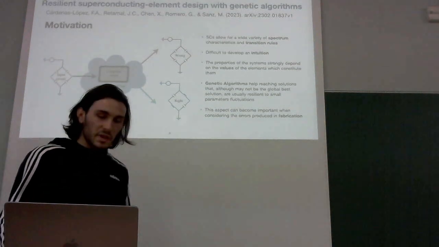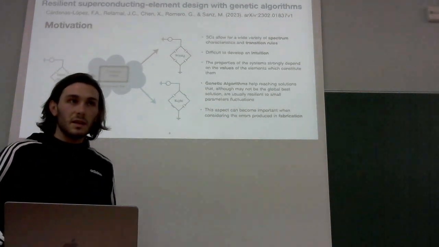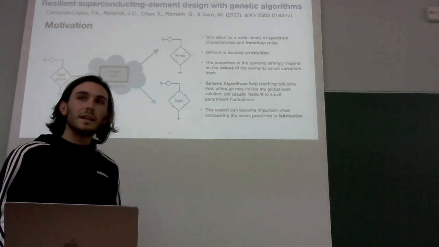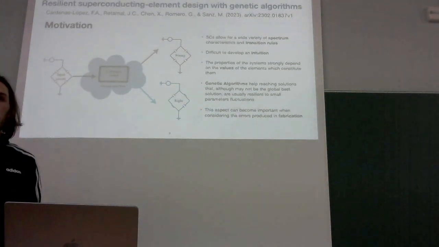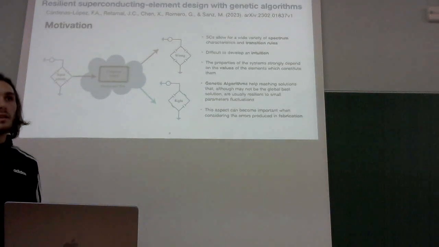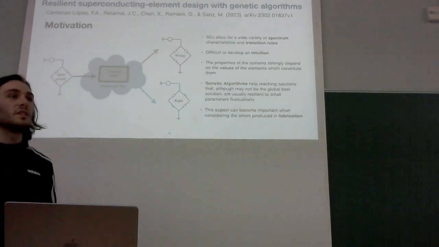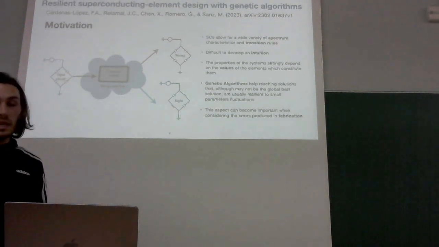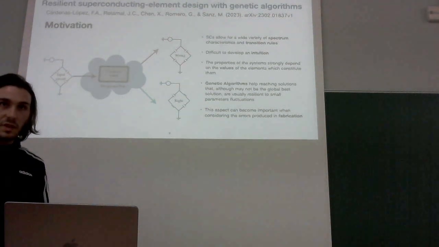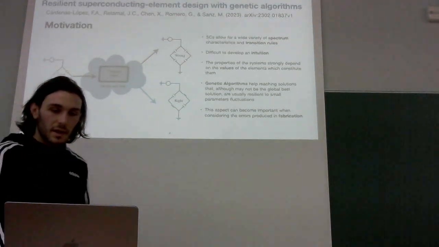It's also worth mentioning that the properties of the system are highly affected by the values of the components. Usually small changes in the values of the capacitors or the inductors cause big changes in the characteristics of the spectrum and transition rules.